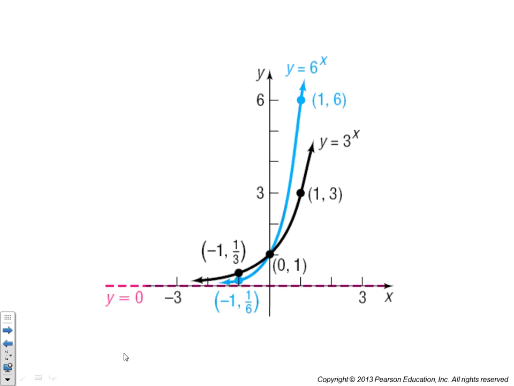The bigger the base, the steeper your exponential curve is going to be. You still go through 0, 1, because anything to the 0 power is going to be 1, but the bigger your base is, the steeper your exponential function is.